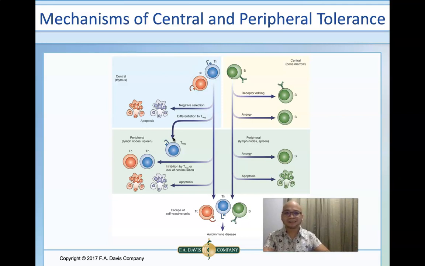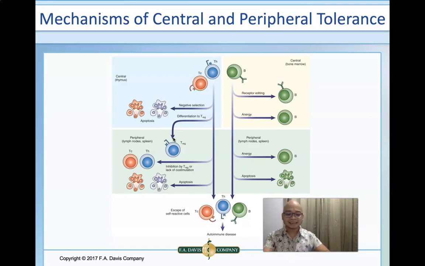Peripheral tolerance of T cells can result from anergy caused by the absence of the co-stimulatory signal from the antigen presenting cell, or APC.